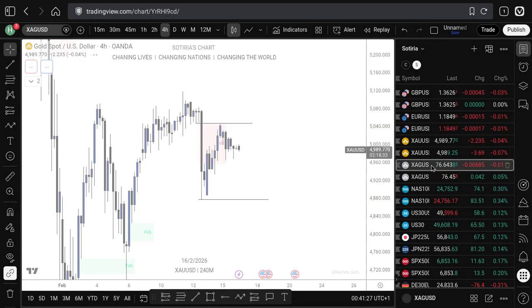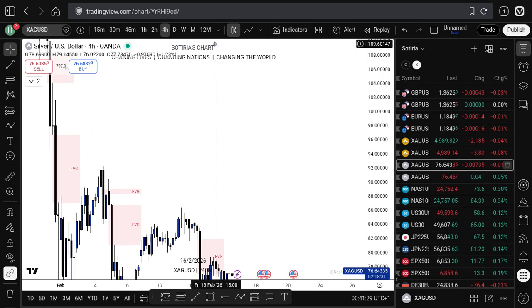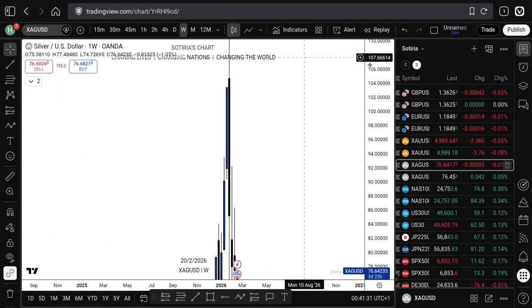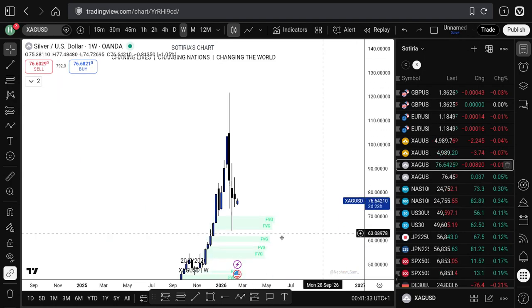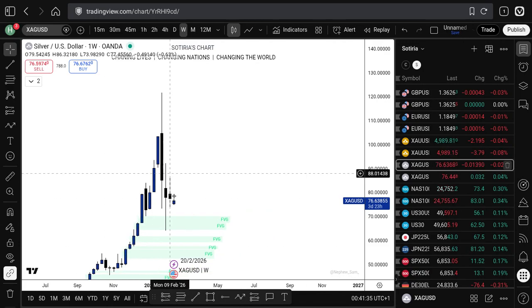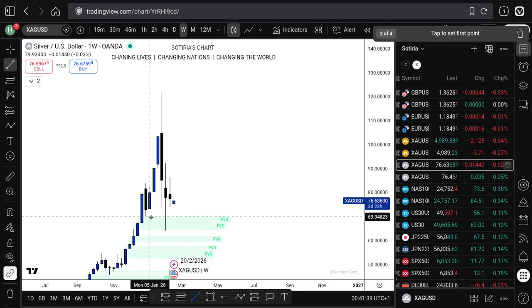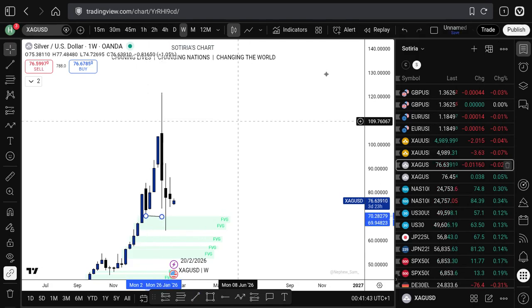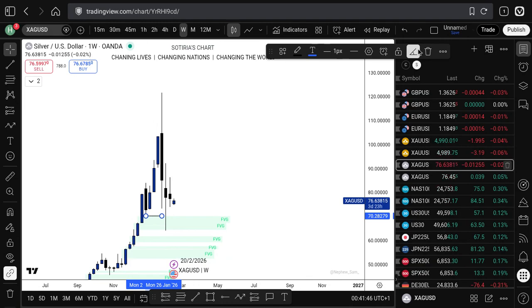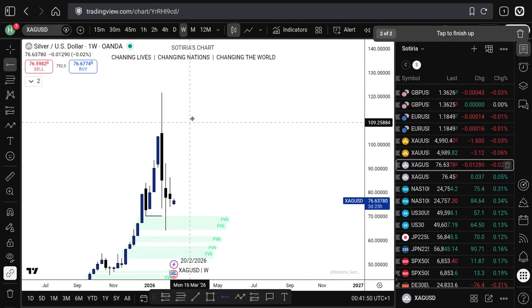And for silver, on the weekly time frame, what can we see? We can see we had a bearish close, but then looking at the structure, we see that we swept this level. So that's like transactional liquidity taking. And then target is on this high right here, this external high.